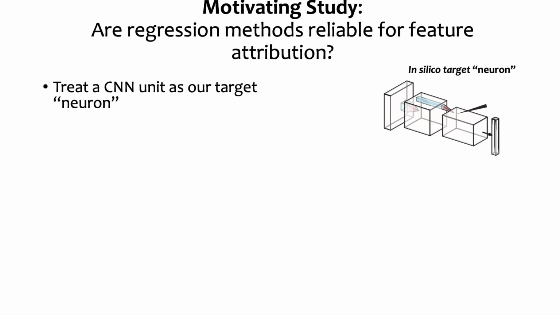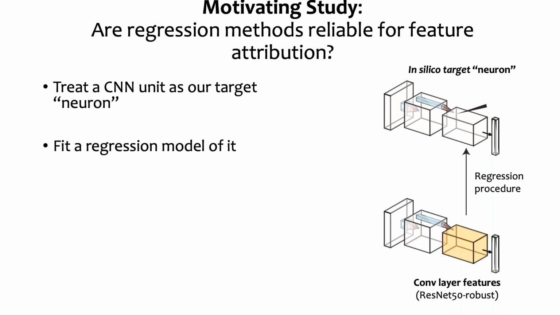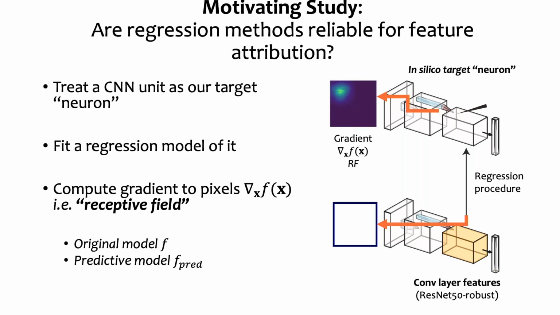We hook up one unit in a deep network, in this case a ResNet-50, and then use another neural network, maybe a robust ResNet-50, as the regression model of it. Then we compute the gradients of the target unit, our model neuron, to the pixels as our receptive field, and also compute the gradients from these encoding models, and then compare.